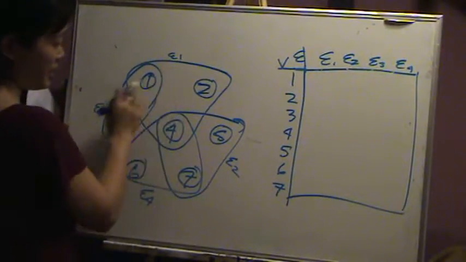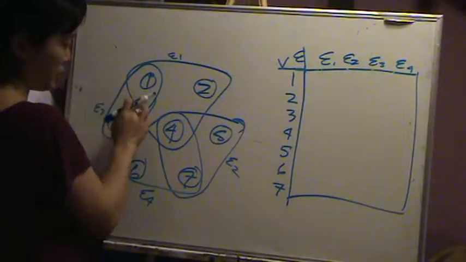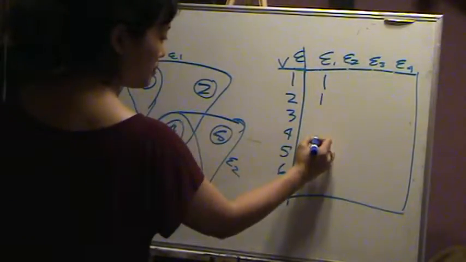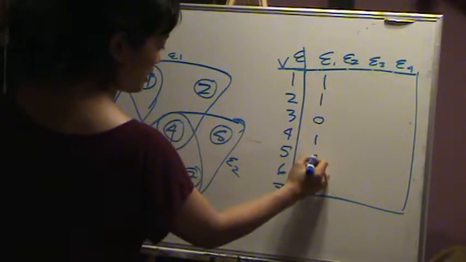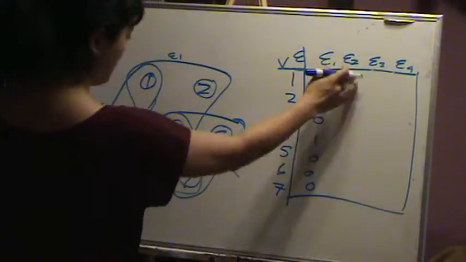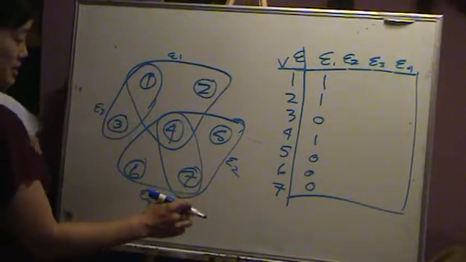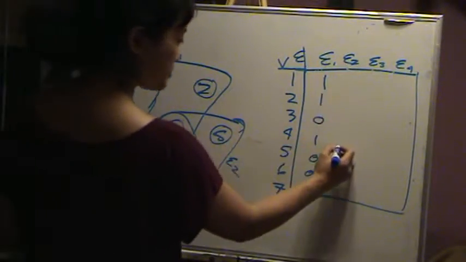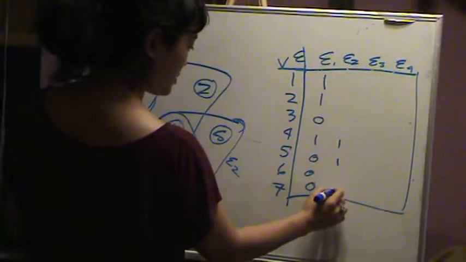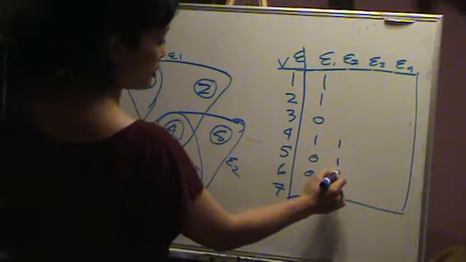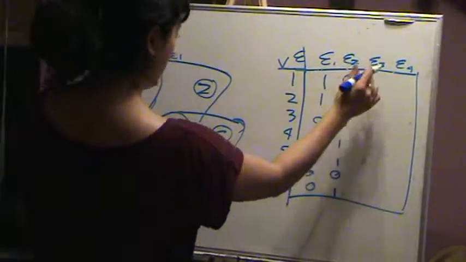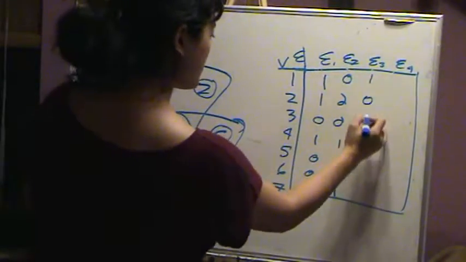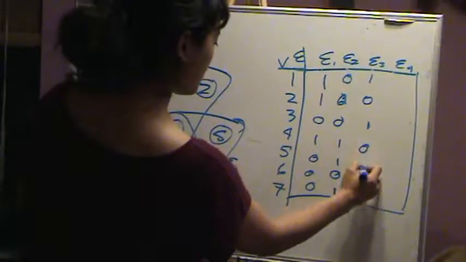So for E1, E1 is the set of vertices 1, 2, and 4. So we'll put 1s there, and then 0 for everything else. E2 is the set of vertices 4, 5, and 7. So put 1s there, and 0 everywhere else. E3, 1 and 3. 0s everywhere else.